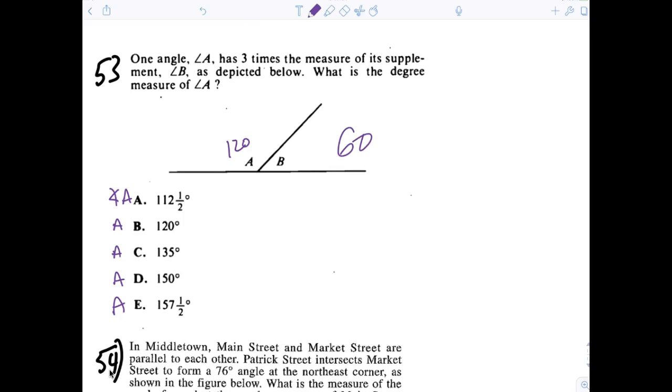All right, so 120 is out. The next one I'm going to try is 150. So that's 150, and then the other angle would have to be what? 30. Now, it's saying one angle A is 3 times the measure of its supplement.